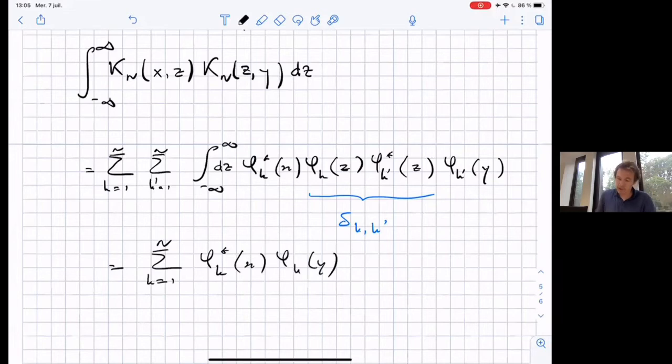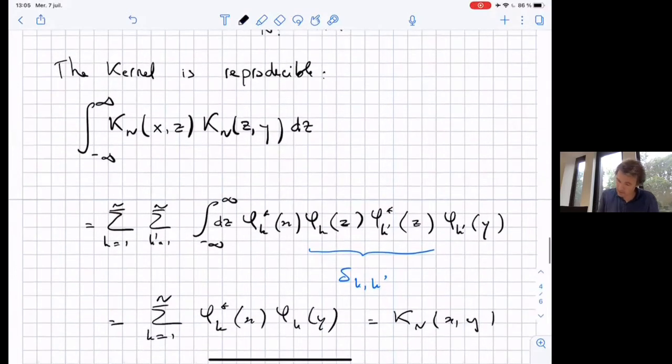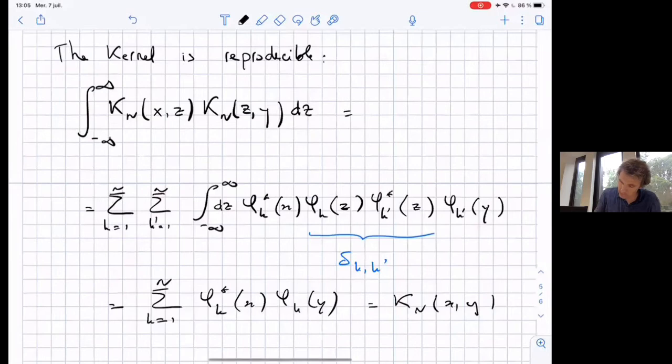And this is precisely K_n(x,y). Okay, so that's what reproducible means here: we have this very nice identity.